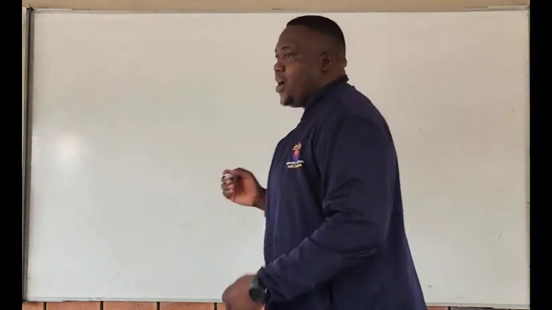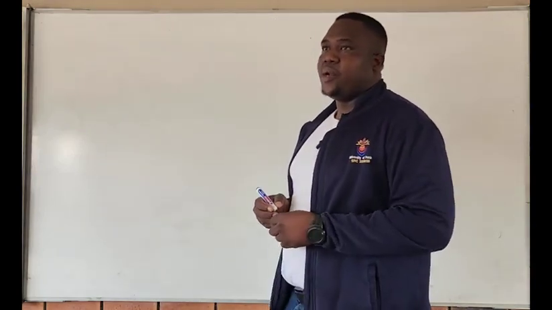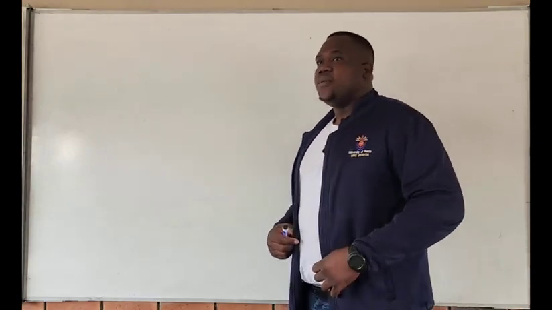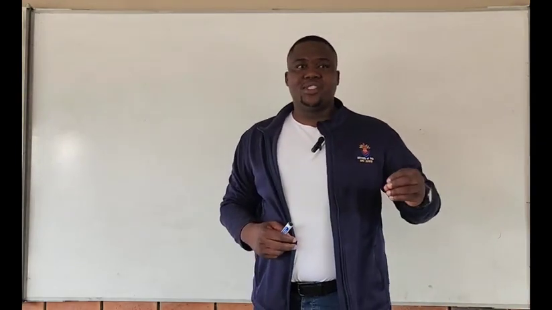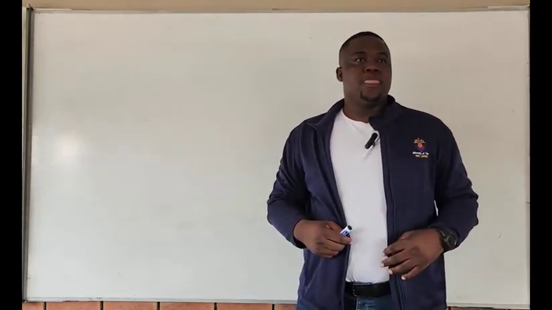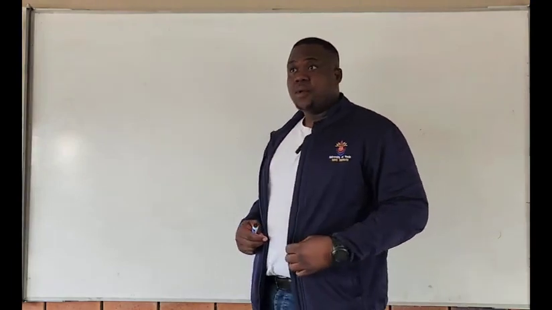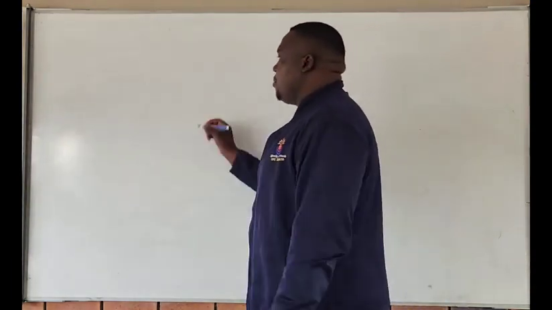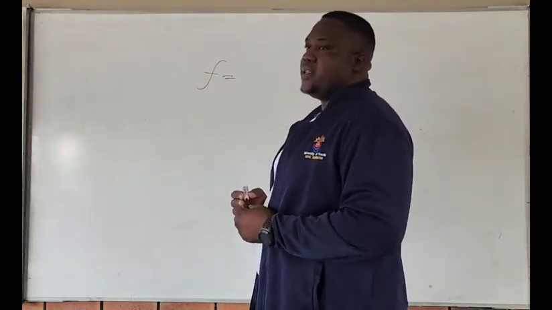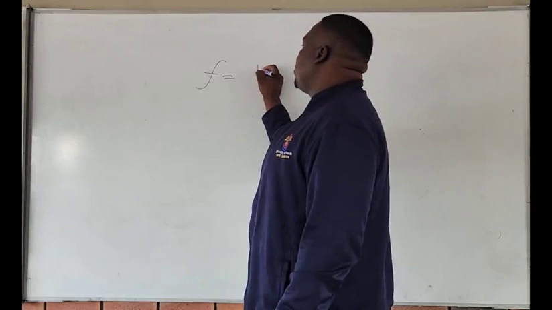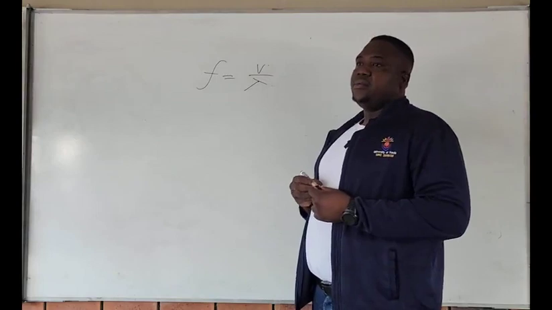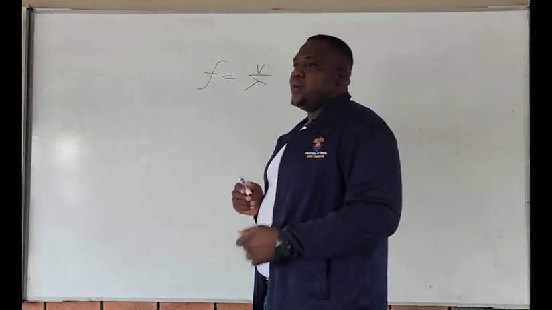Ladies and gentlemen, I want us to take note of this formula. Sometimes the question will request us to calculate a frequency, and we will rush to use these formulas of Doppler's effect. You find that we were not even supposed to use Doppler's effect based on how the question is asked. From grade 10, when we were doing longitudinal waves, we learned that the frequency is equal to velocity over wavelength.